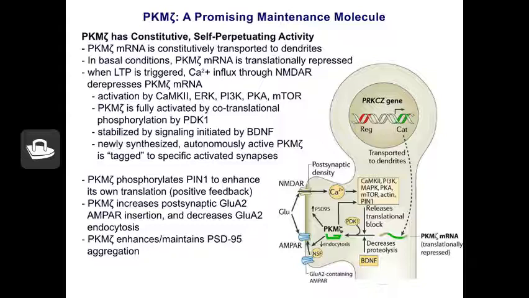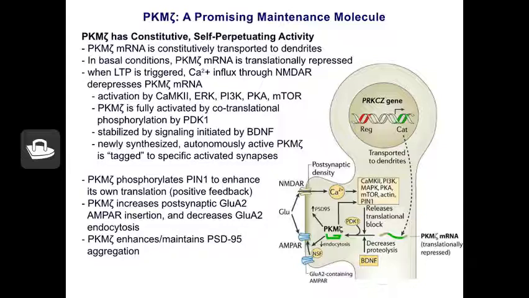And there are abundant data available now that demonstrate that protein kinase M-zeta phosphorylates GluA2 heterotetramers to cause them to insert into the membrane and to decrease endocytosis from that membrane. Protein kinase M-zeta also supports the stability of the postsynaptic density 95 structure. In addition, there's abundant evidence that infusion of protein kinase M-zeta potentiates synapses.